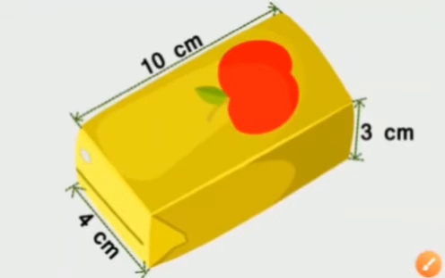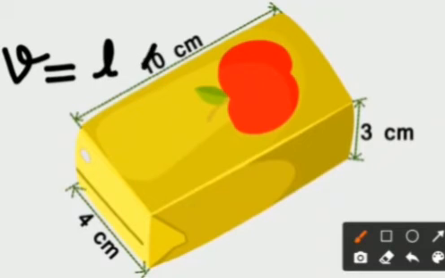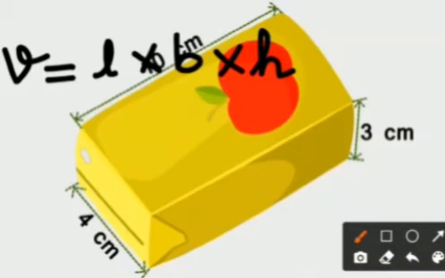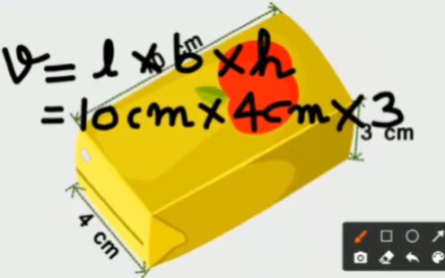Now, I want to find out volume of this cuboid shaped juice box. So, formula will remain same, that is volume V is equal to L into B into H. Here L is given 10 centimeter, B is given 4 centimeter, H is given 3 centimeter.